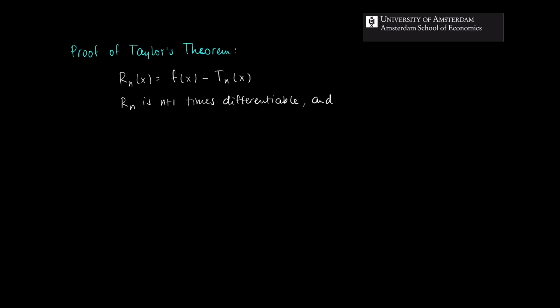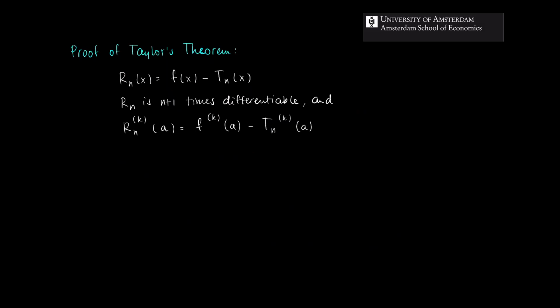Because of the tangency between the graphs of f and T_n to the order n, we know that a lot of derivatives of this function R_n in a are vanishing. So we have the kth derivative, where k is chosen between 1 and n. The kth derivative equals the kth derivative of f minus the kth derivative of the nth order Taylor approximation.